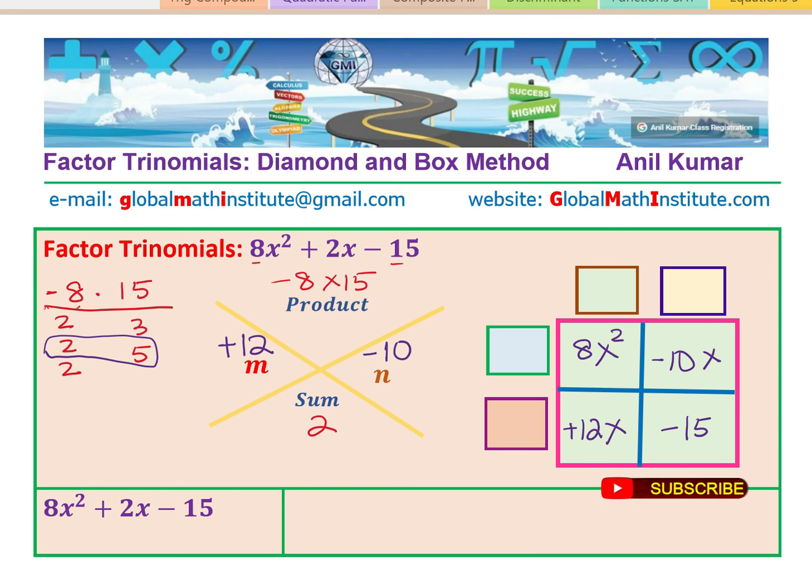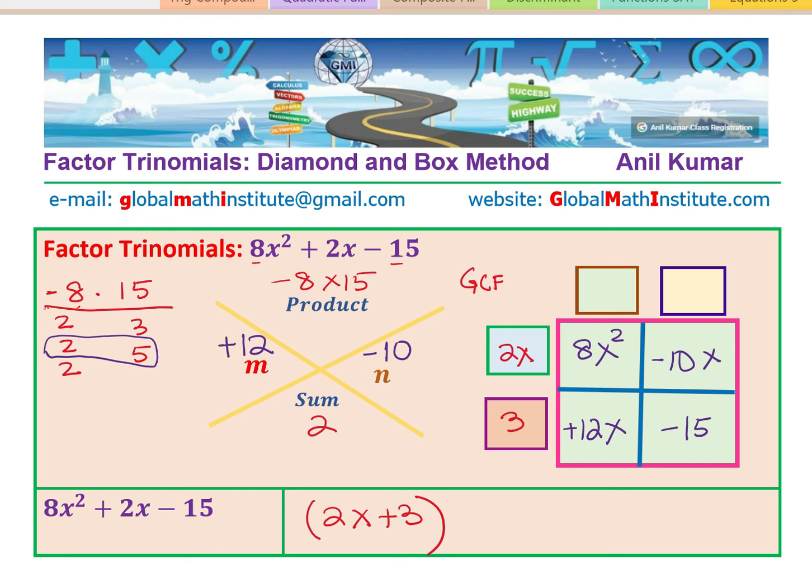Last step is to find the greatest common factor. As I said, we prefer to go by rows. It is your choice, however. So let's go with row number 1, 8x squared minus 10x. What is common? Well, 2x is common. The second row, plus 12x minus 15, we have 3 as a common factor. So we get our first factor from the row, which is 2x plus 3.